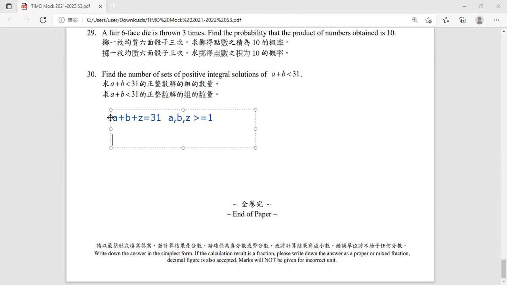So the number of solutions will be 30C2, which is 30 times 29 over 2 times 1, equal to 435.